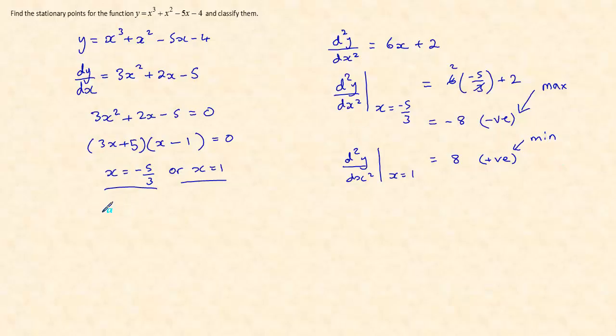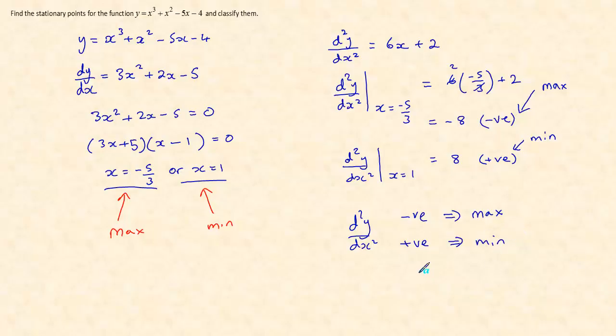So that tells us that this one here is a local maximum and that this one here is a local minimum. So remember, with the second differential, d2y dx squared, if it's negative, that means that we have a maximum. If it's positive, that tells us we have a minimum.